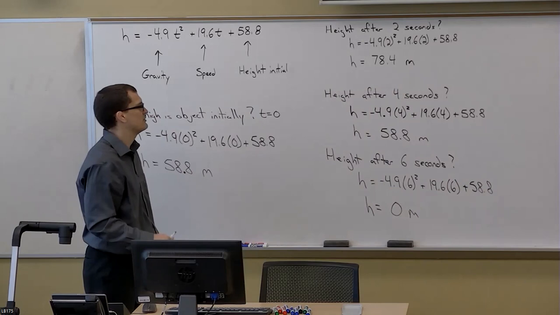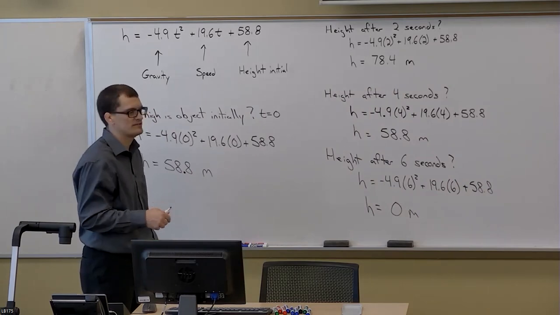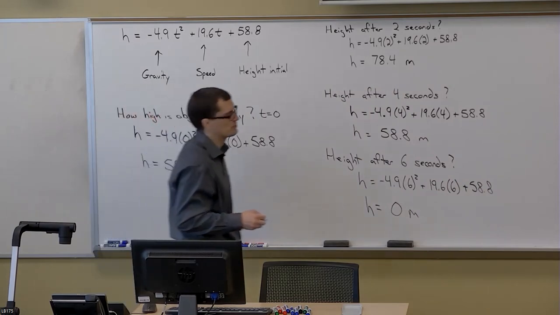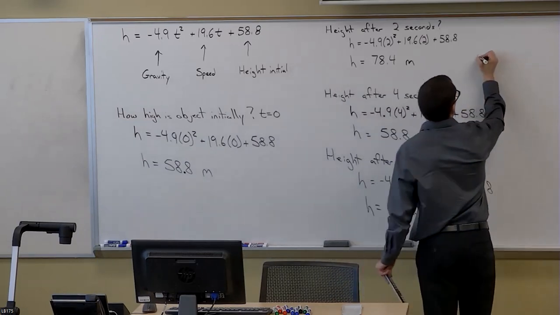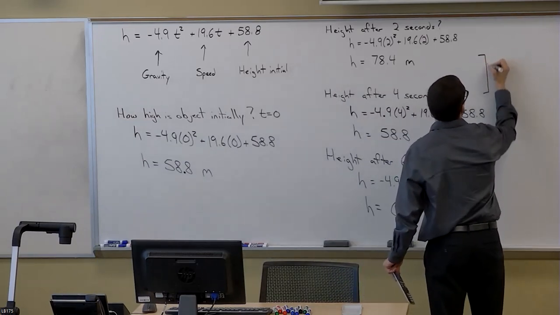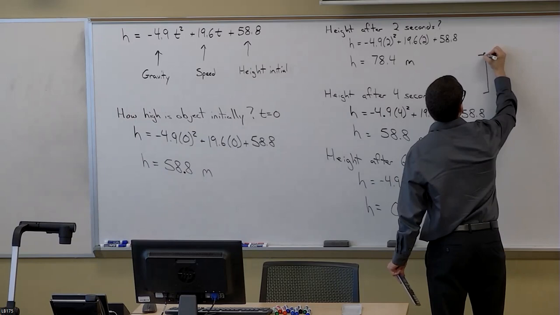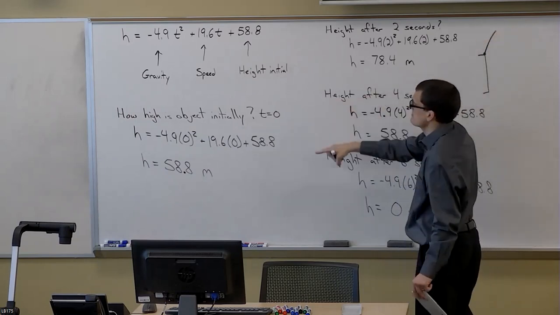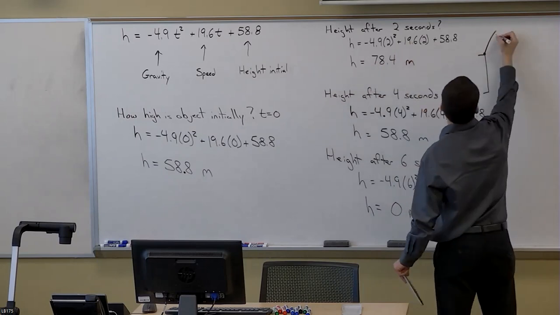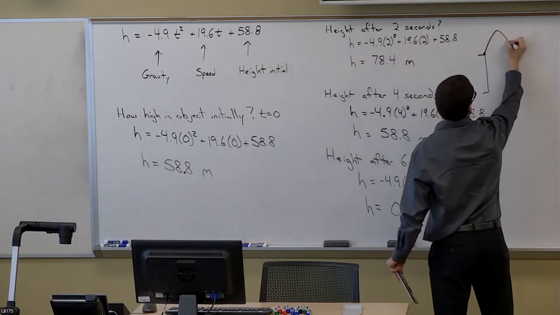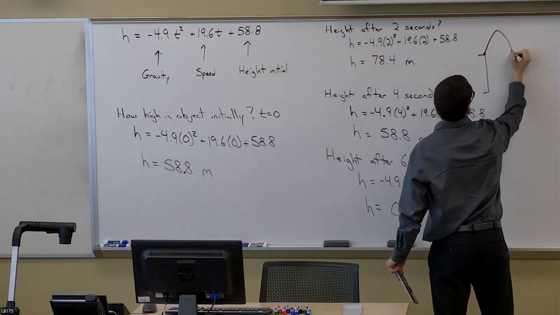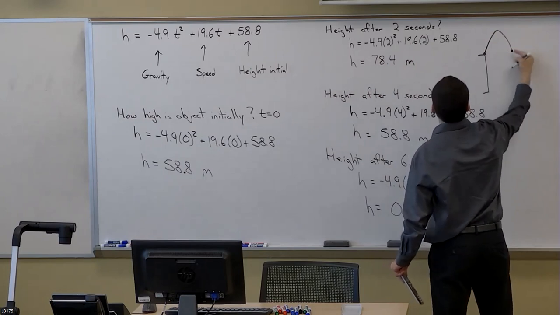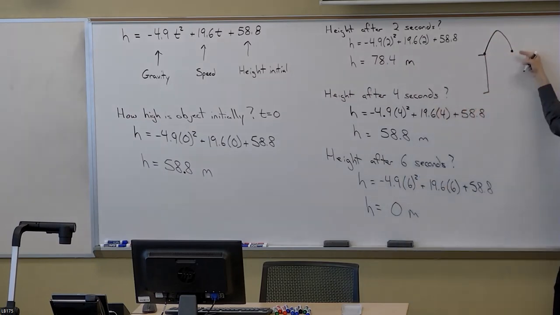Now, I want to say 2 things about this. The first is just realizing what's going on, right? We have a tower and we are launching an object off the tower. For the first 2 seconds or so, it looks like it's going up, and then it's going to come down, and after 4 seconds, it gets back to even with the height of the tower.